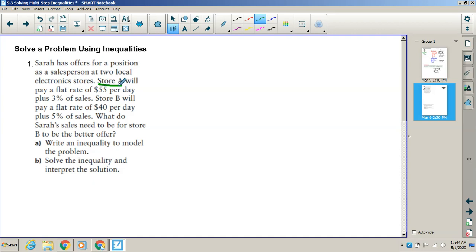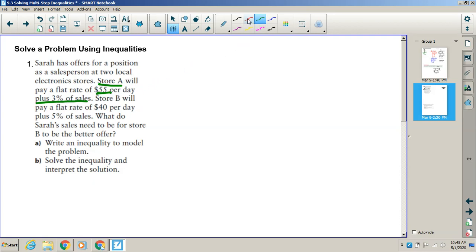So she shows up at the store, she's getting $55 for the day, plus she gets 3% of all the sales she makes. So she's working on commission. To find 3% of her sales, we take 3% times whatever she sells, that's 0.03 times whatever she sells. That's her commission. That's how she earns more pay.